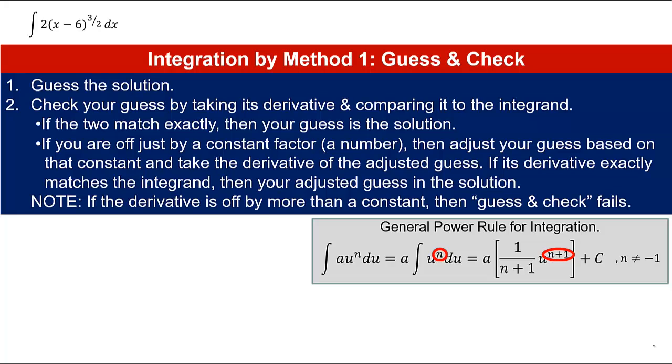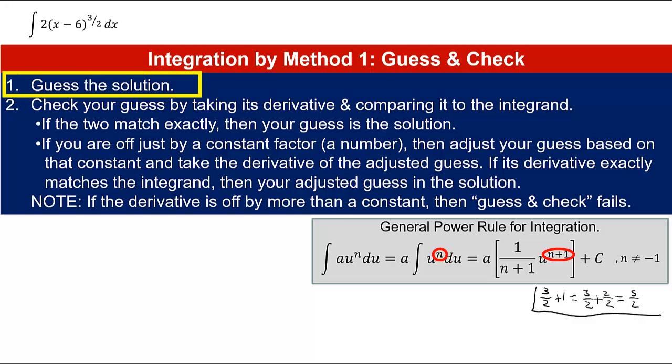So when I'm doing this problem, I'm going to guess that the integral will have a solution with a power 1 higher than 3/2. And of course, 3/2 plus 1 is 3/2 plus 2/2, which is 5/2. My guess will use that as the exponent.